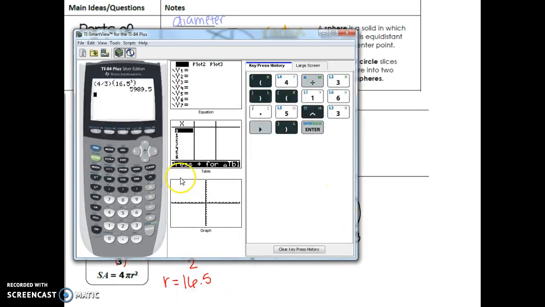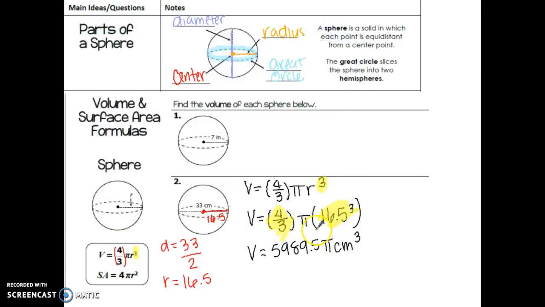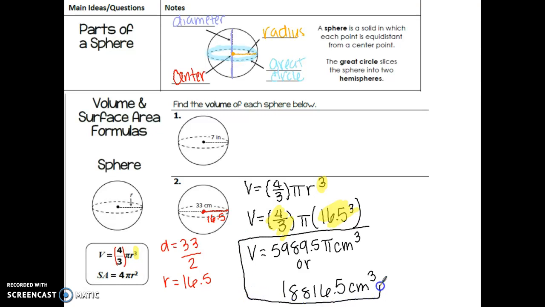Our second answer would be if we inputted that 5989.5, and then I would multiply it by pi, and that would be our decimal choice answer. So we're going to say that is 1881.6.5. Take my units, cube them. So both of these are fair game.